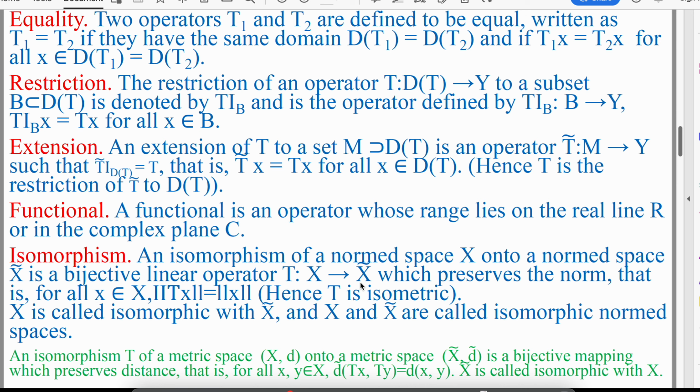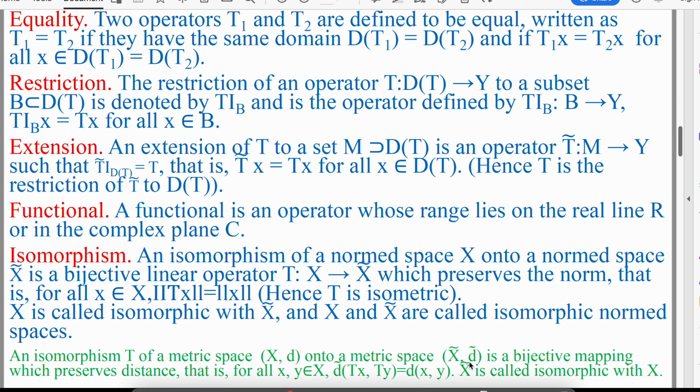If we talk about metric spaces, an isomorphism T of a metric space (X, d) onto another metric space (X bar, d bar) is a bijective mapping which preserves the distance for all x, y belonging to X. Preserves the distance means the distance between Tx and Ty is the same as the distance between x and y.